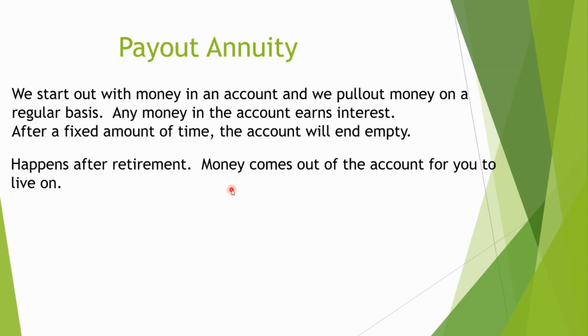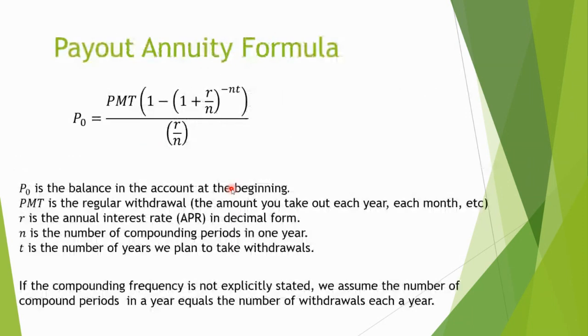So I didn't go through a calculation to introduce it, because it's very similar to the savings annuity. Well, it's not exactly the same, but this is our formula for it. Notice it's not the same formula. For one, we don't have a balance.